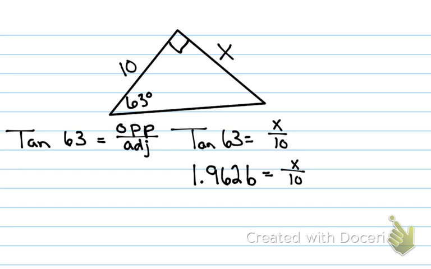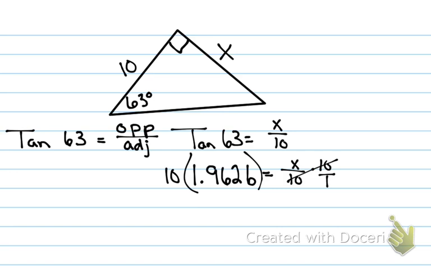Could I subtract 10 and just get rid of it by subtracting it? Is that the opposite of division? I would multiply both sides by 10. And when I multiply both sides by 10, now all I have left is the x, which was my goal. Whatever I do to one side, I do to the other. So now with your long decimal still on your screen, just hit times 10.